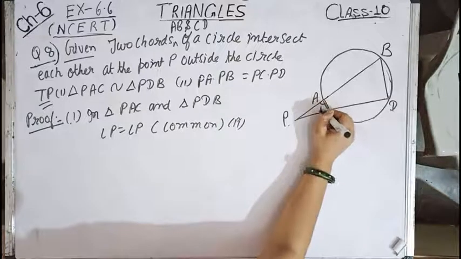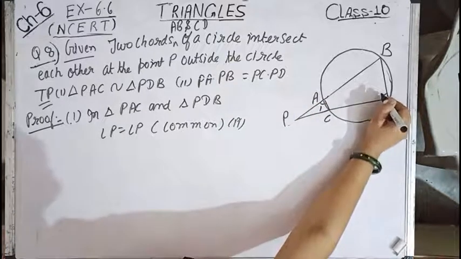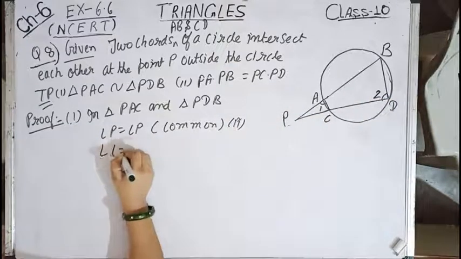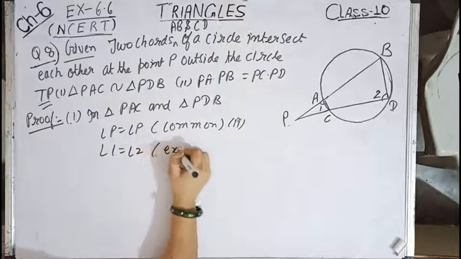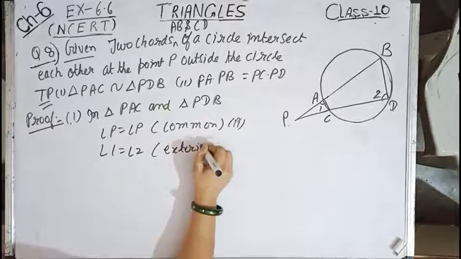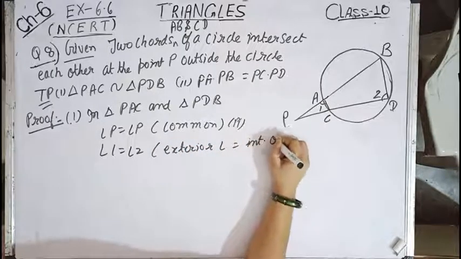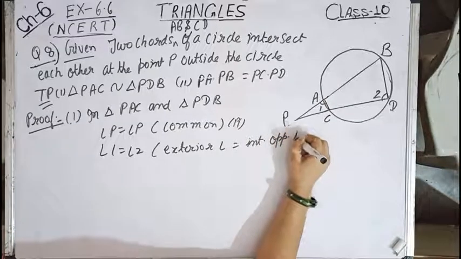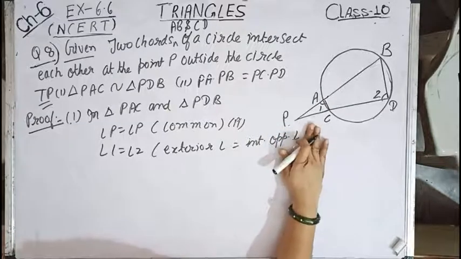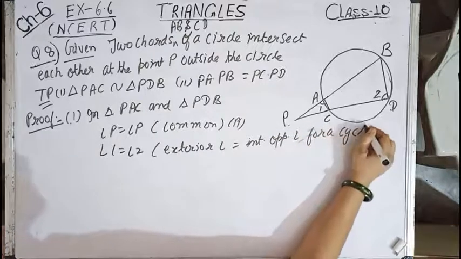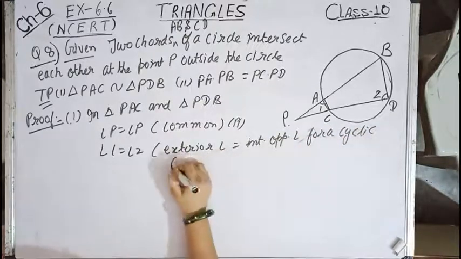Also angle 1 equals angle 2, exterior angle equals interior opposite angle for a cyclic quadrilateral.